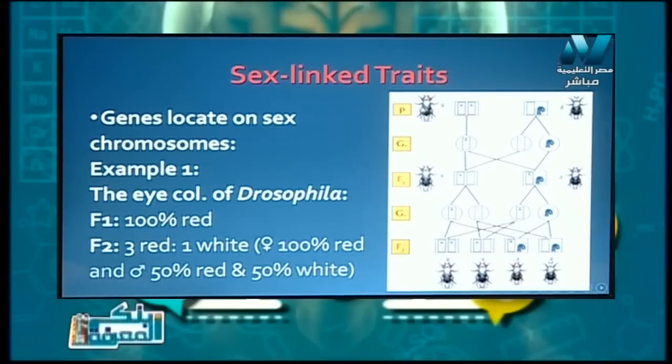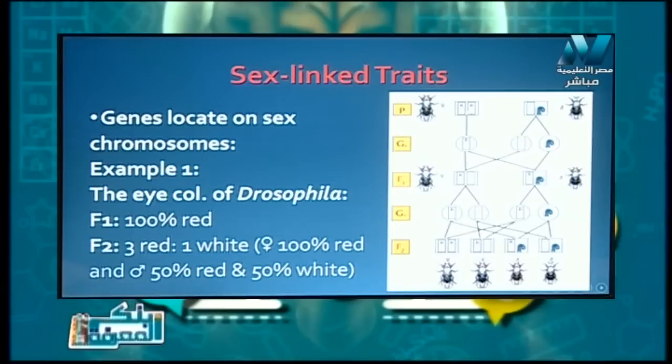When he carried out crossing between a female containing pure genes for red eyes and a male containing white eyes, he got this result. Have a look at this picture. We represent the gene R capital on the chromosome X, and the male contains R small Y. And remember that the X chromosome contains two types of genes.